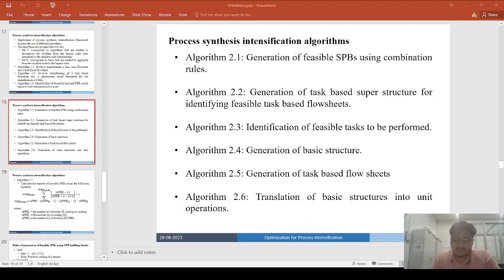In step 1, we have identified the maximum number of simultaneous phenomena-based blocks that you can obtain. From the total number of possible simultaneous phenomena-based blocks, the algorithm will identify the feasible set using predefined simultaneous phenomena-based building blocks and combination rules.